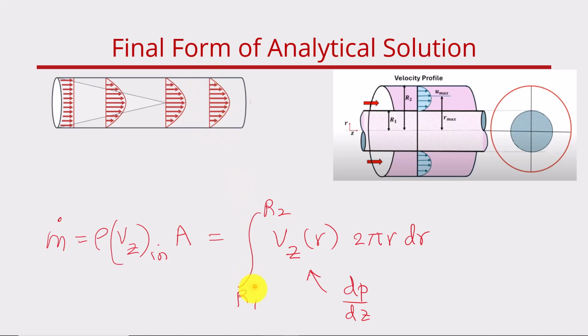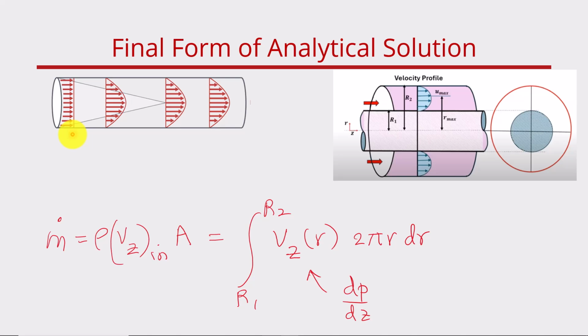So I have to integrate across the cross-section of the parabolic variation times 2 pi r dr. This variation, right after the integration, will be in terms of dp/dz, and so once you do the integration, you'll get an expression relating dp/dz to the inlet velocity.